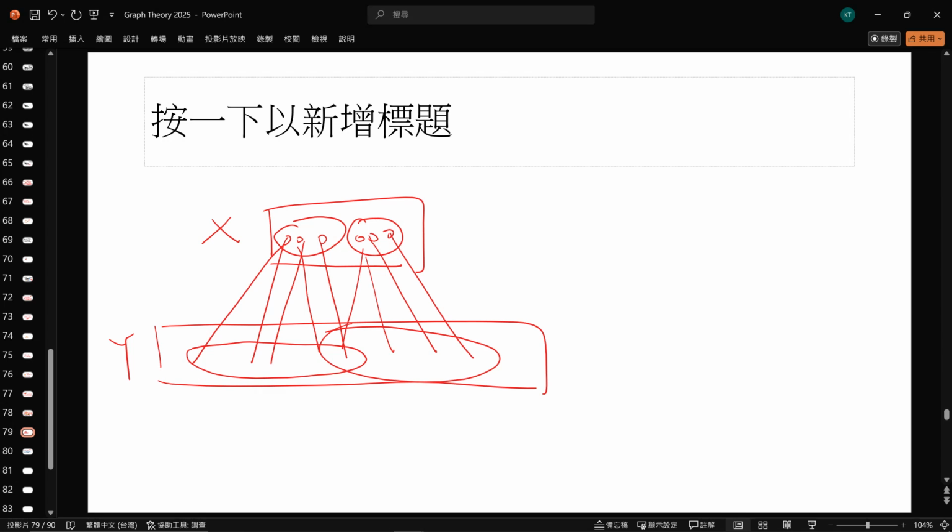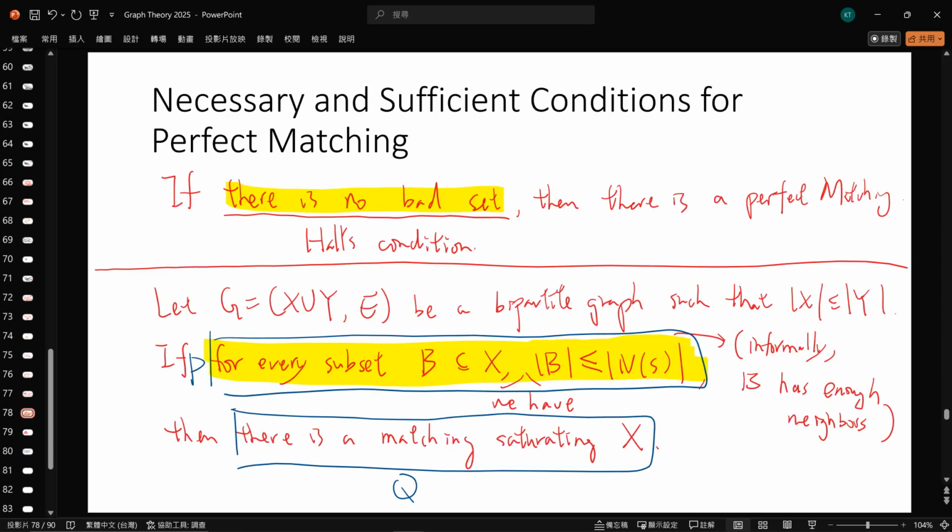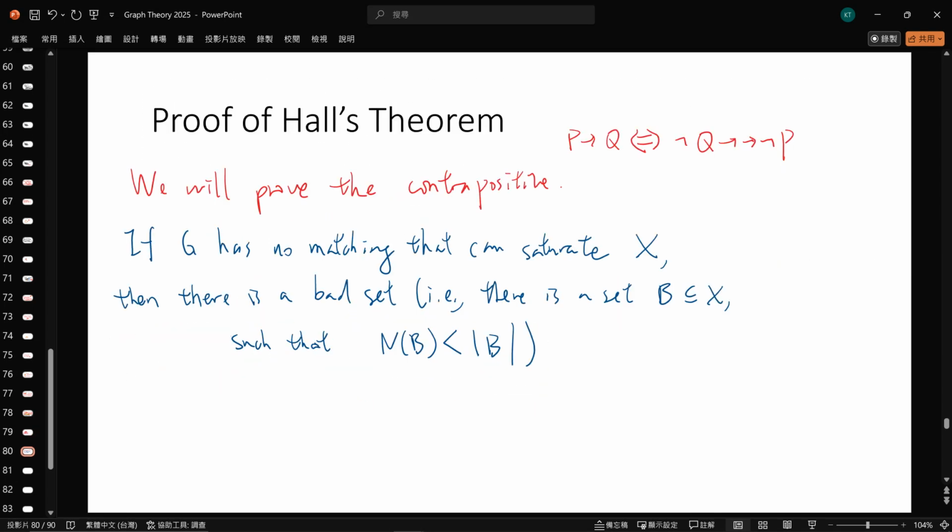By not enough, this means that the number of neighbors is less than the size of B. So this is the contrapositive of the previous statement.